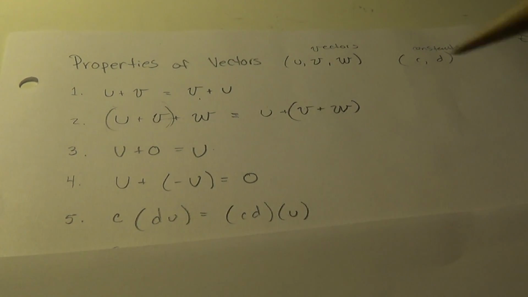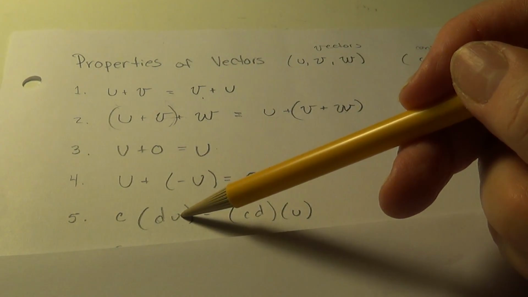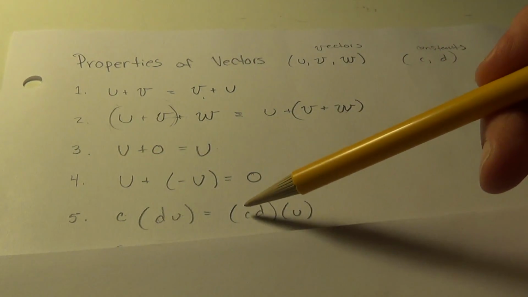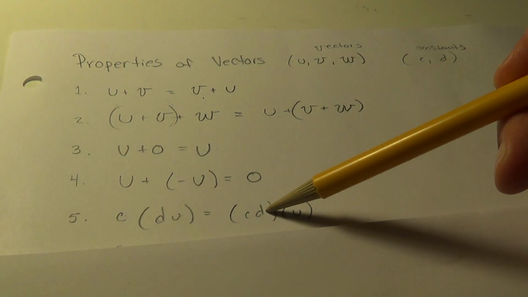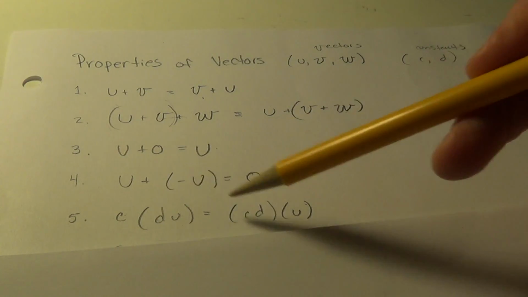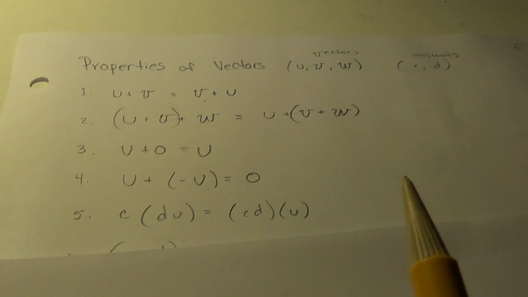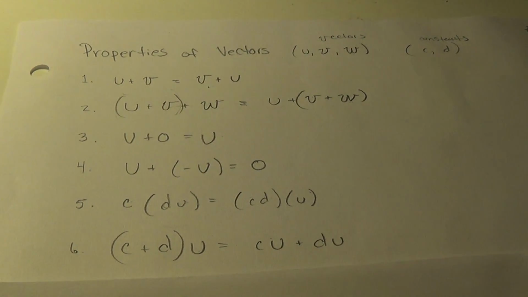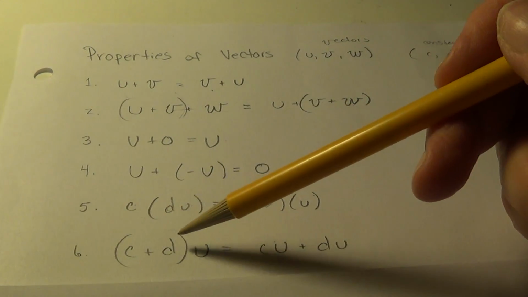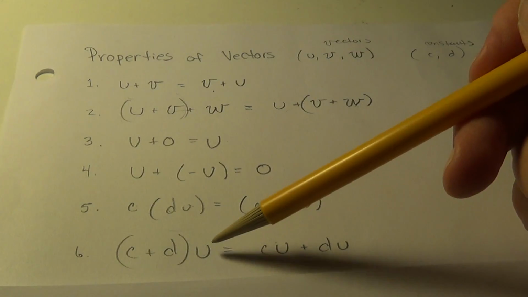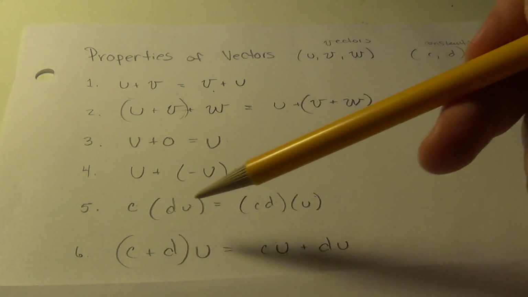If you have a constant times a vector, and you're going to multiply that by another constant, it's the same as multiplying the two constants first, and then times the vector. So it's another associative property. Here, if you have two constants added together times a vector, you can distribute that vector to each constant.